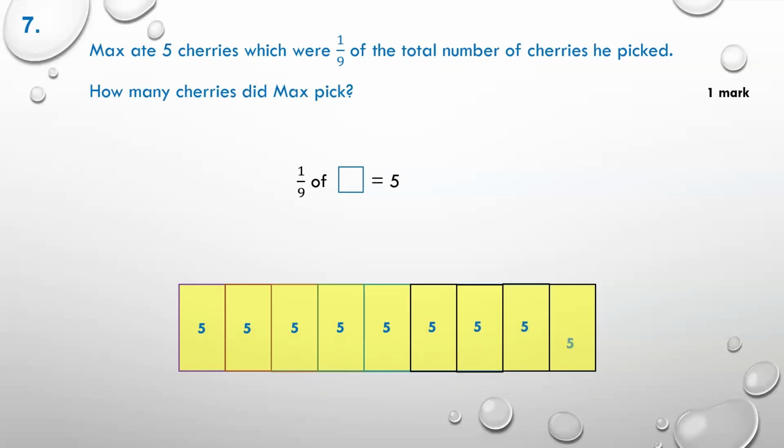We have 9 parts. And if each part is 5, then what's the whole? The whole will be 9 5s, which is 45. Right? So Max picked 45 cherries and he ate 1/9 of that. 9 into 45 is 5. Good. Let's go on to number 8.